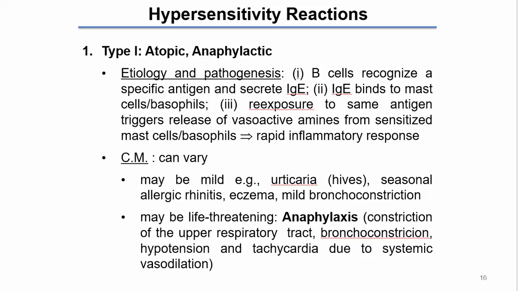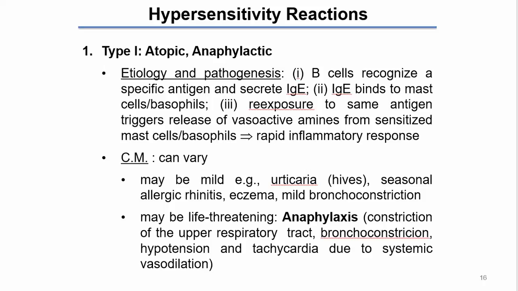So type 1 is probably one of the more common ones, and this is atopic or anaphylactic. Now, the atopic is mild and the anaphylactic is severe, but basically they're both type 1 hypersensitivity reactions. What happens in these is that the B cells recognize an antigen, whatever that antigen may be, and then they secrete IgE antibodies. And as we learned, IgE antibodies bind to basophils and mast cells.